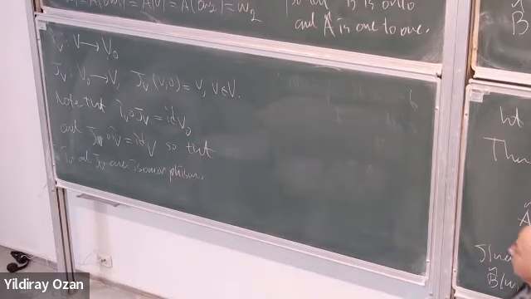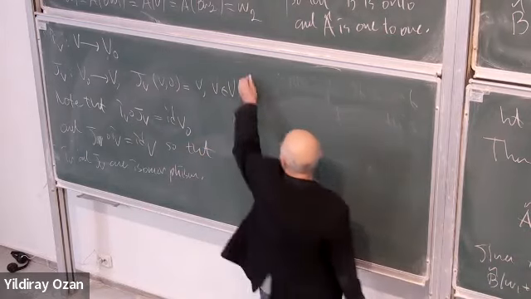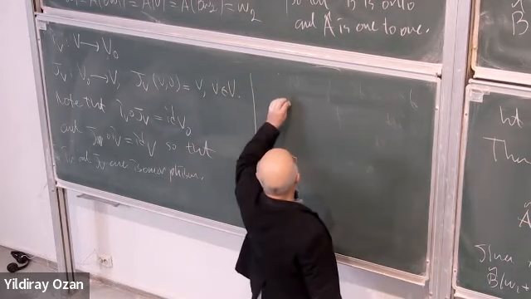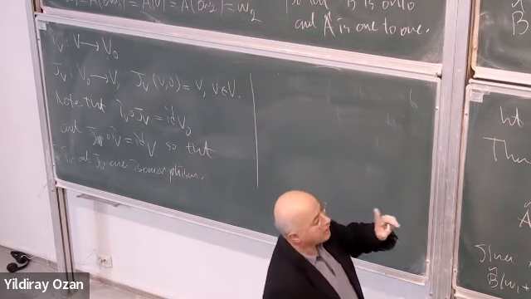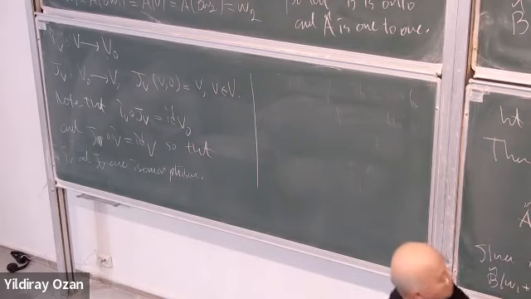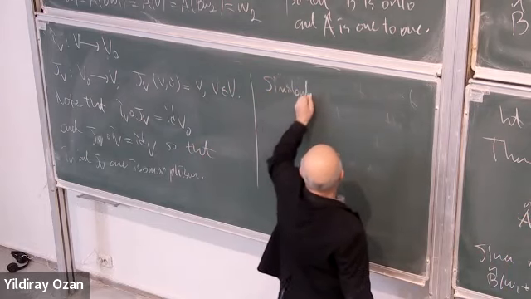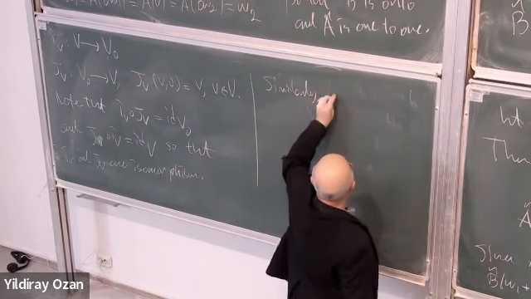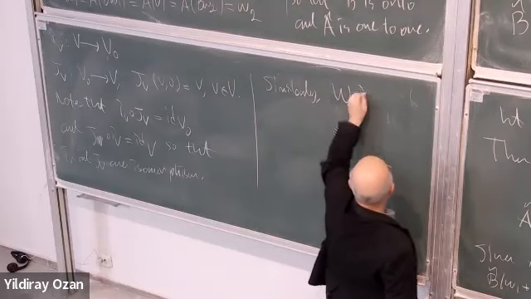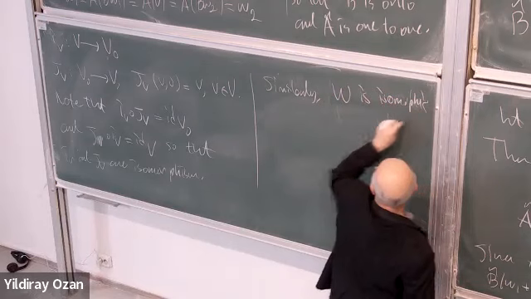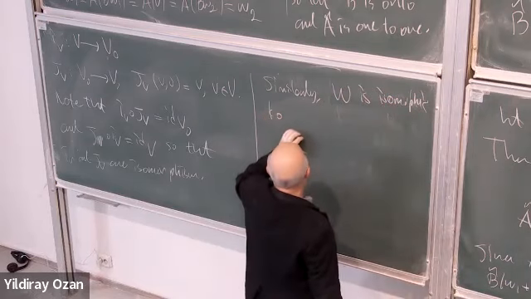So this means the following. Our vector space V is isomorphic to V0, and similarly, of course, W is isomorphic to what?